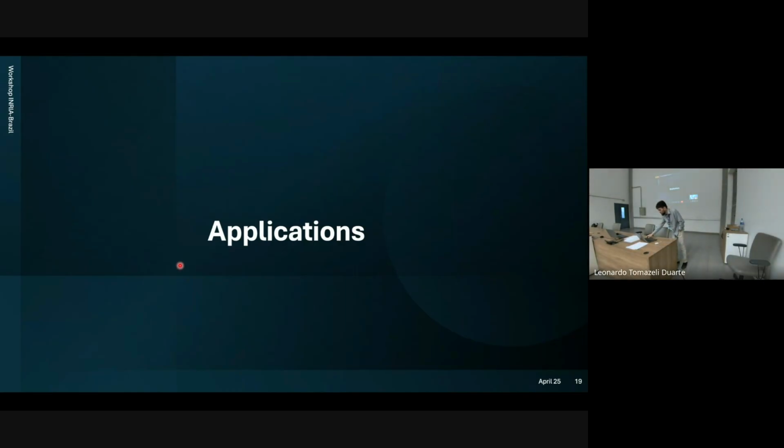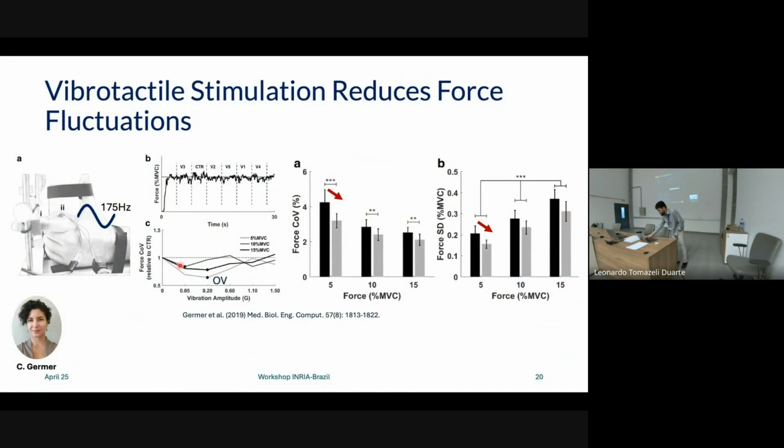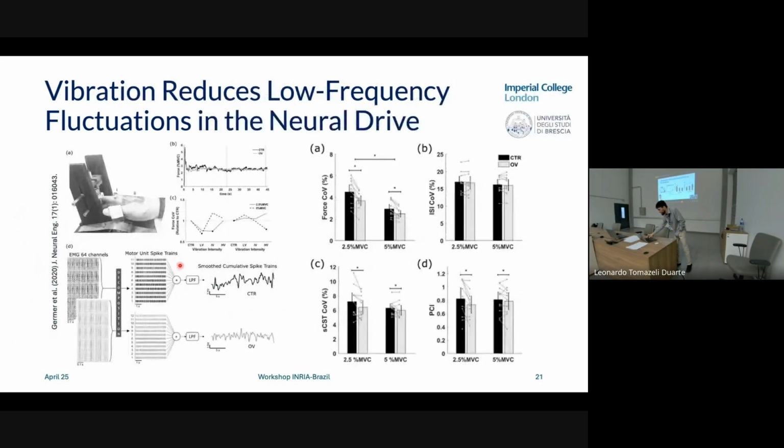So in the final part of my talk, I'm going to show you some examples, and the first one is more, let's say, physiological, and then a more technological. This study was conducted by my former PhD student that is now a professor in our school. And we employ a vibrotactile stimulation to see what happens in the force fluctuation, and we observe a decrease in force fluctuations.